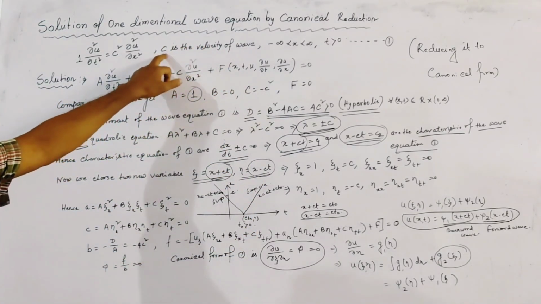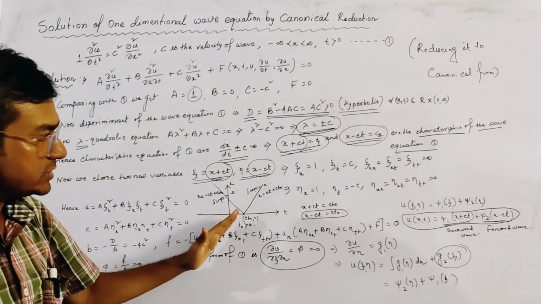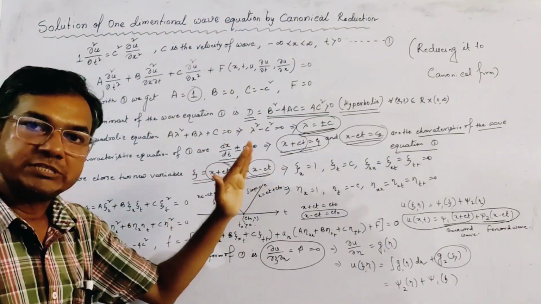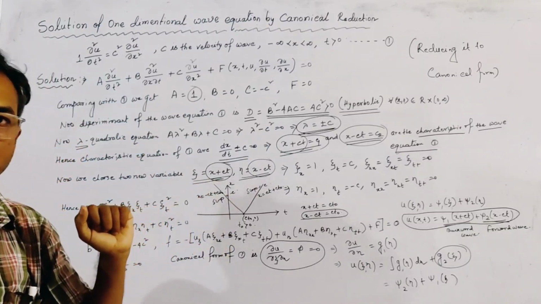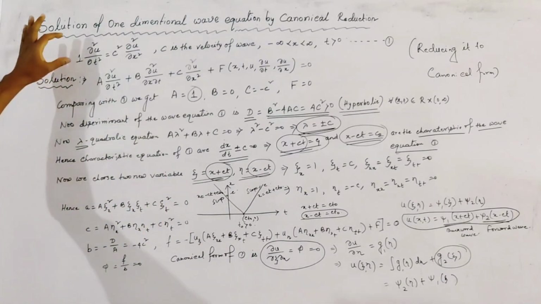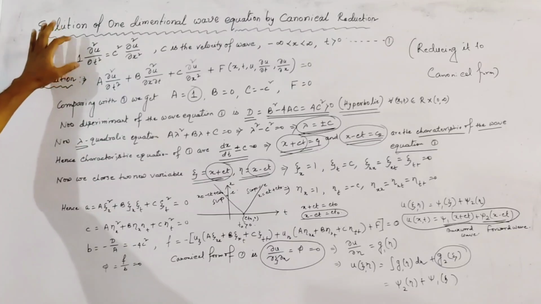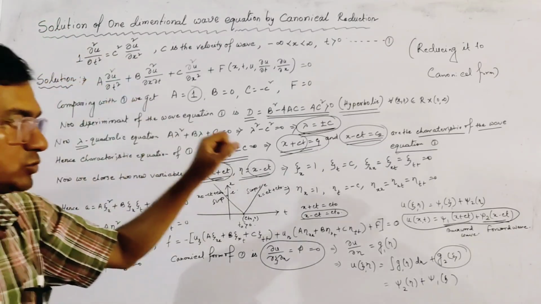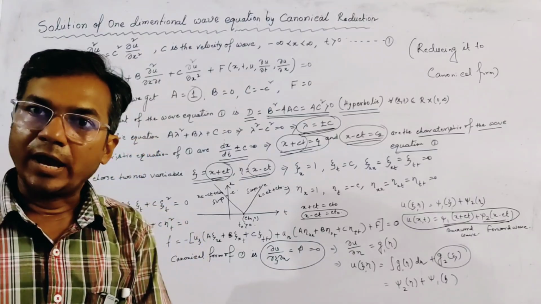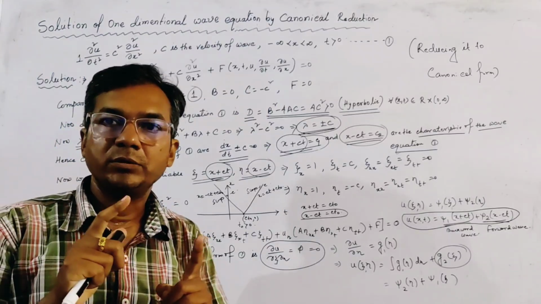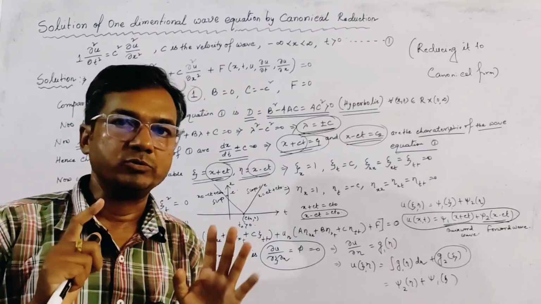So this is the forward wave with the velocity c, and this is the backward wave with the velocity also c. And we say that the general solution of the one-dimensional wave equation is always the sum of two waves, one forward and one backward, but both have the same velocity.